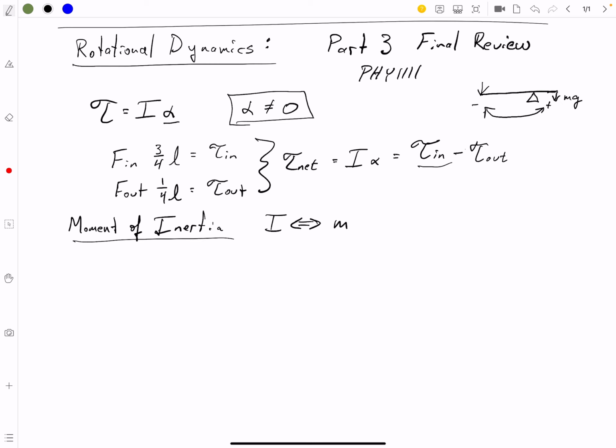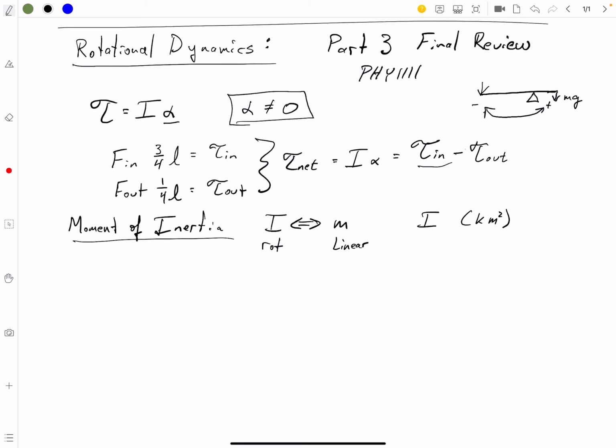Okay, so this is rotational mass. This is regular linear translational mass. And the units are in kilogram meters squared.